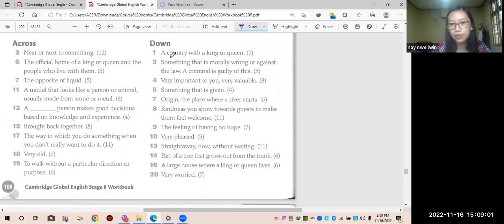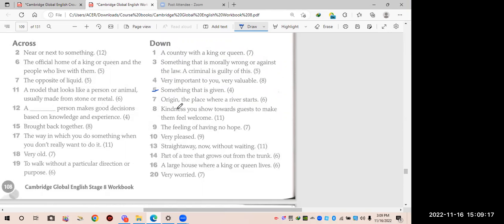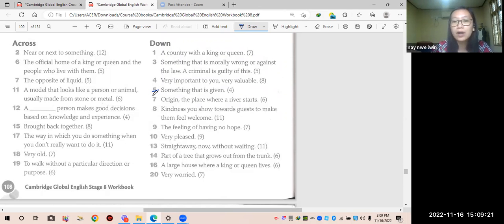Very important to you, very valuable. Precious. Yes, precious. Something that is given. Gift. Yes. And 7, origin, the place where a river starts.